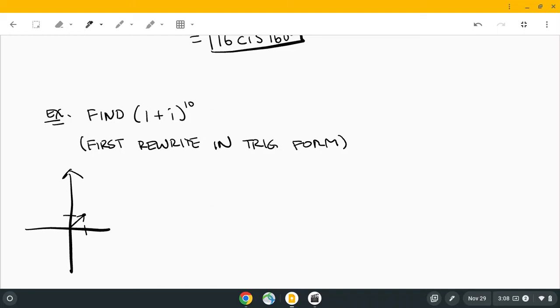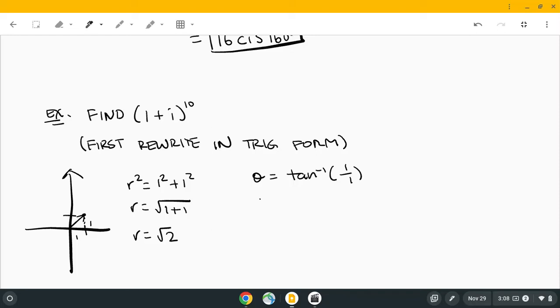Okay, so let's find the r. That's 1, that's 1. So r squared equals 1 squared plus 1 squared, r equals the square root of 1 plus 1, so r equals the square root of 2. Theta equals tangent inverse of 1 over 1. We have that one memorized.